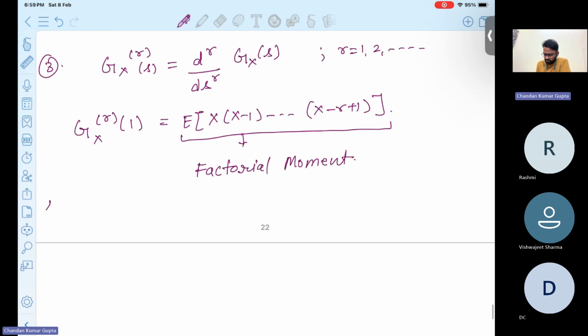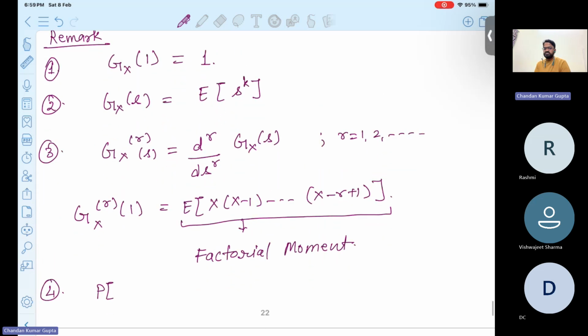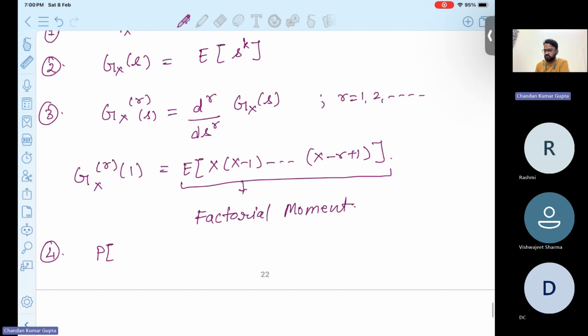Also, there is one more property. Since the name of this generating function is probability generating function, we can obtain the probability with the help of this PGF. How can it be calculated? Suppose we want to calculate the probability that the random variable X equals k.